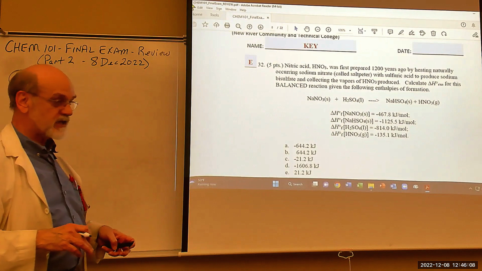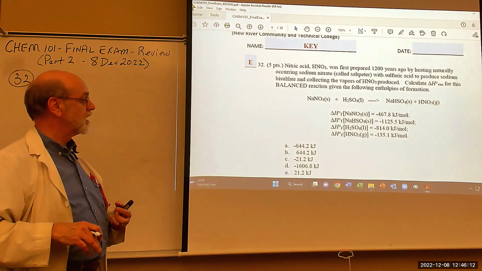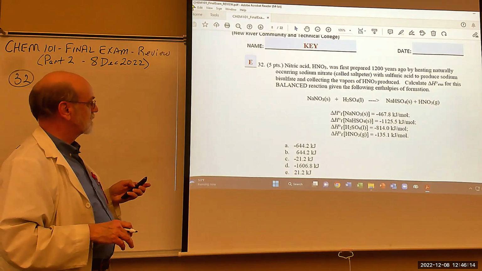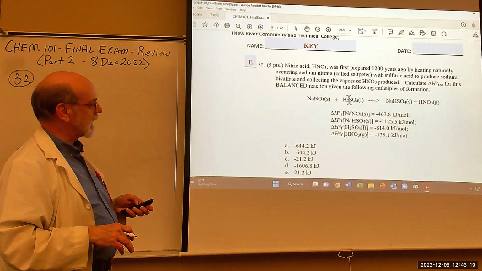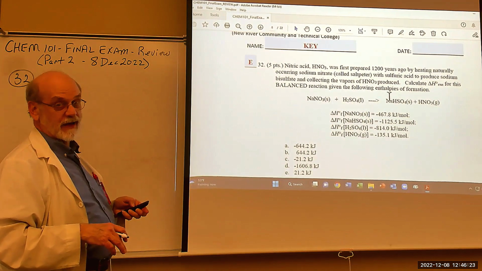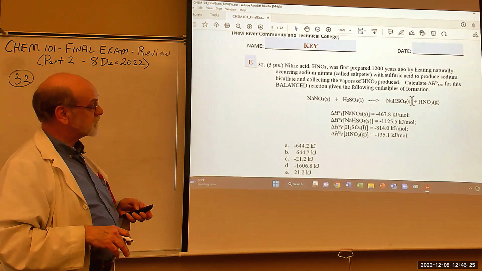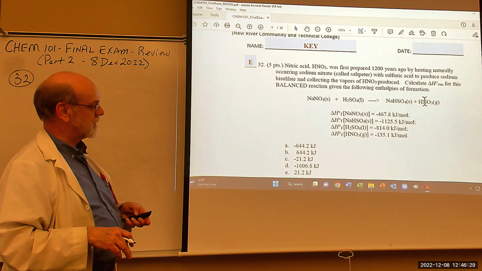Nitric acid, HNO3, was first prepared 1,200 years ago by heating naturally occurring sodium nitrate with sulfuric acid. And it produced sodium bisulfate, or sodium hydrogen sulfate, plus the nitric acid. That's what you want right there.